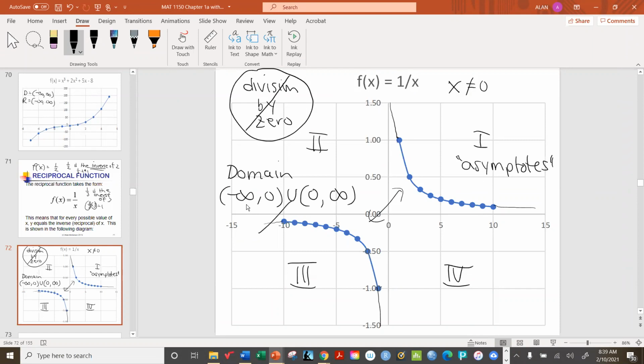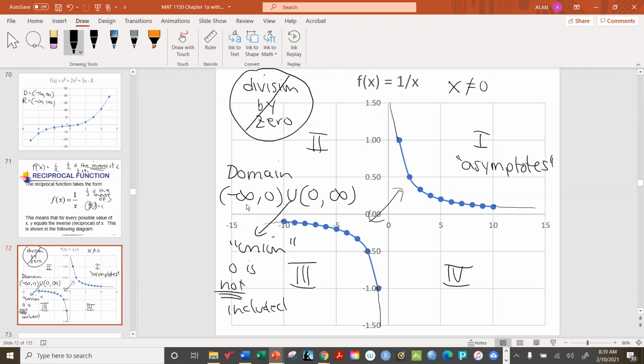So this is, remember, the union symbol, which means add these two sets together. And because we have parentheses here, this indicates that 0 is not included. Remember, if we want to include a number, we need a bracket. Here we have parentheses, which reminds us that the only thing that's missing here is the 0.